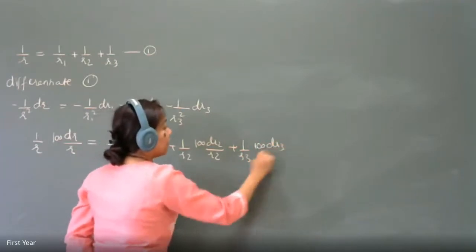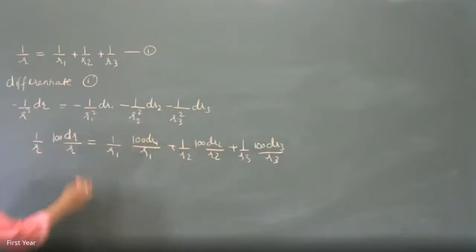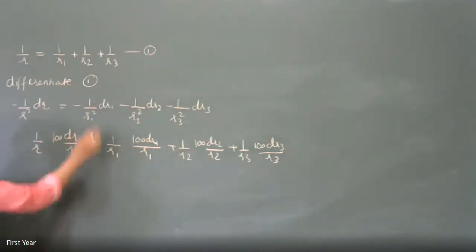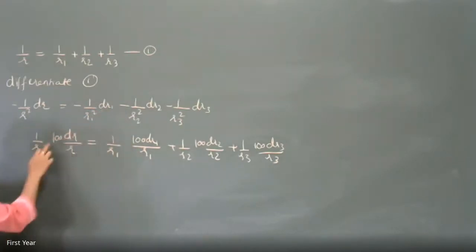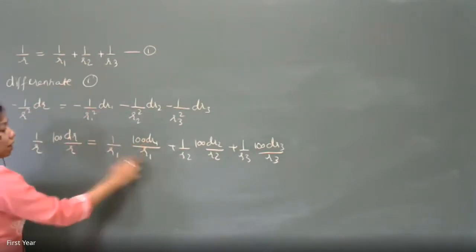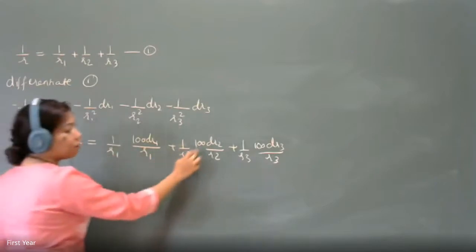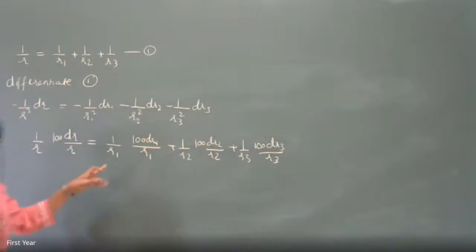Is this step clear to everyone? The square terms which are there, I have separated out. 1 upon R1 I wrote, and then dR1 by R1 multiplied by 100. Both the sides I have multiplied by 100. So 100 dR by R, 1 upon R will remain. 100 dR1 by R1, 1 upon R1 will remain. 1 by R2, 100 dR2 by R2, plus 1 by R3, 100 dR3 by R3. Is this step clear to everyone?